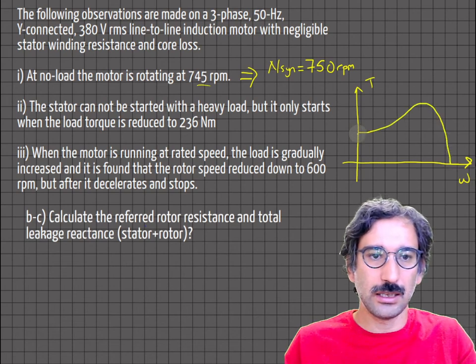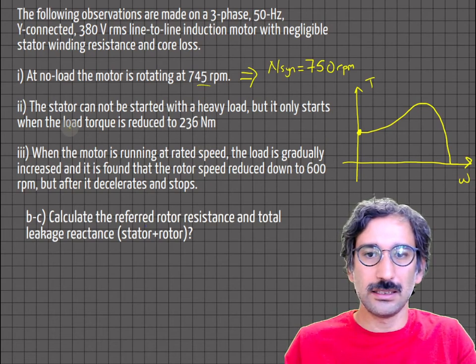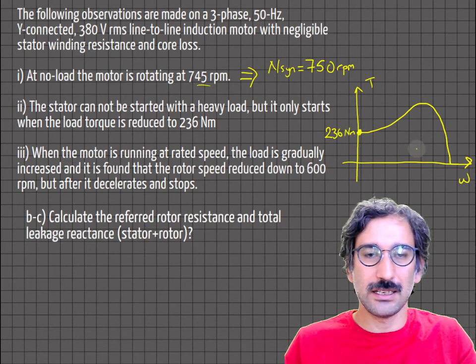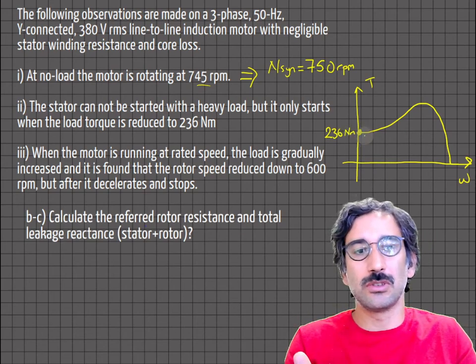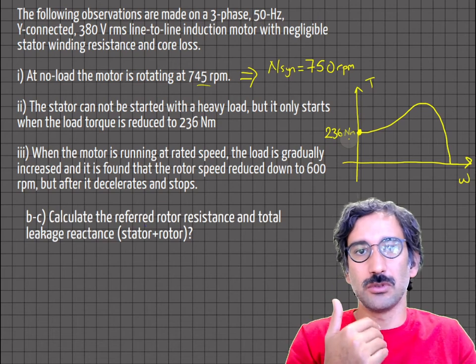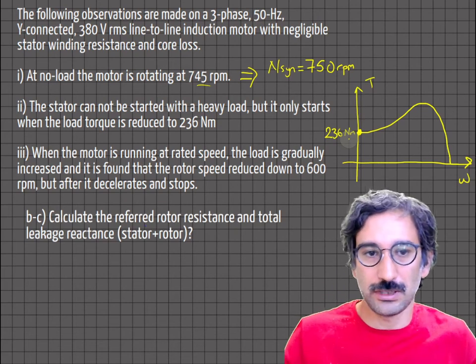It will be like that. You cannot start the motor until the load torque is less than 236 Newton meter. If the load torque is less than that value, the machine will start rotating and create more torque. However, if it is more than that, the load torque will be larger, so either the motor will not start or it will start rotating in the opposite direction.